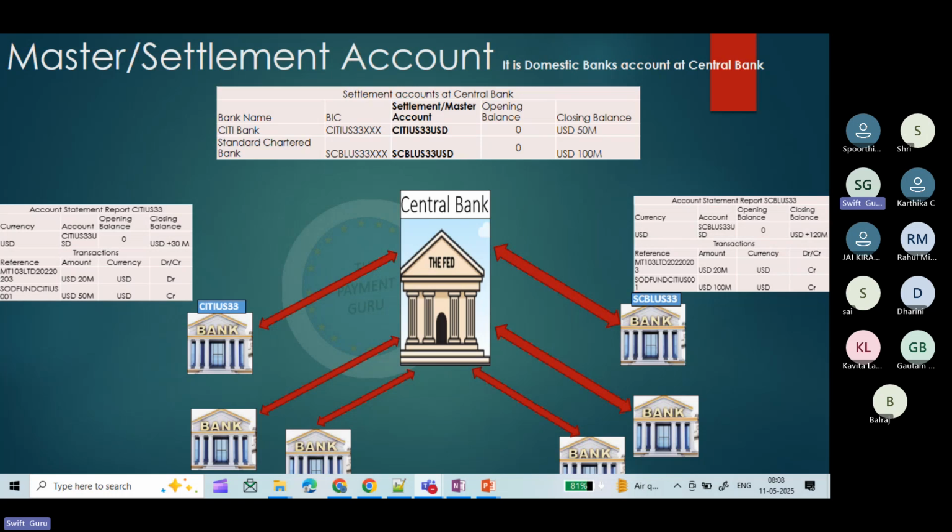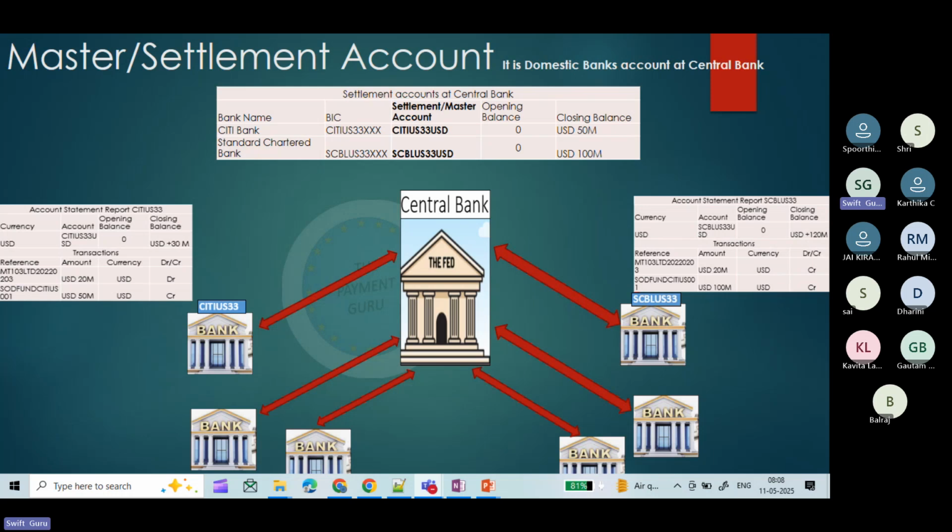These are all different payment systems for different payment needs. Some are high value payment systems, some are low value payment systems, some are immediate payment systems. In India, we have different payment systems for different payment needs.